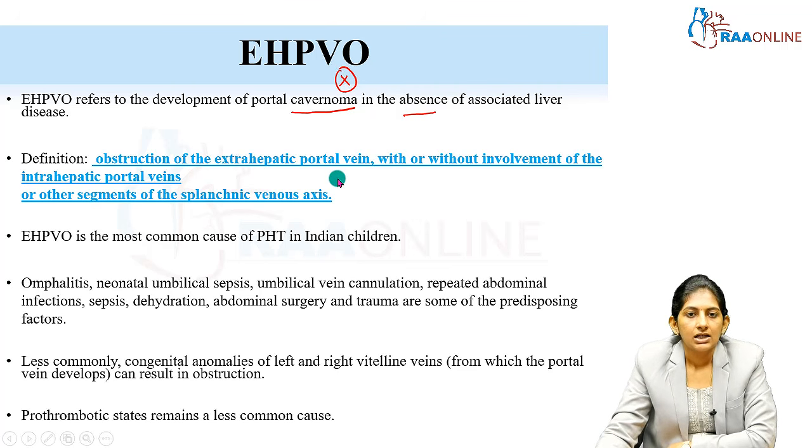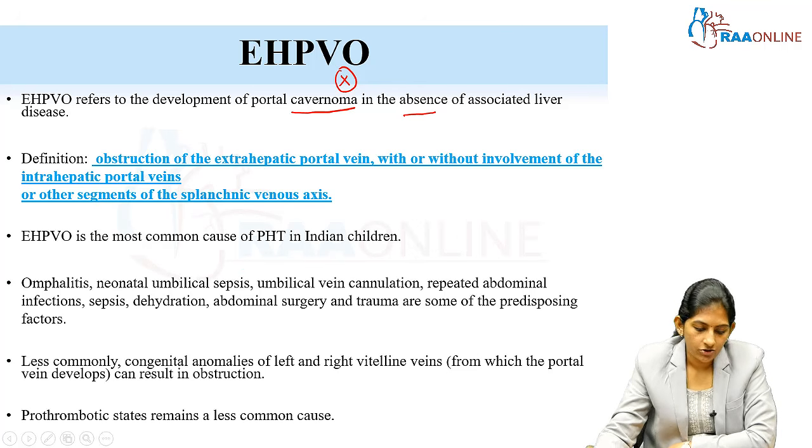It is obstruction of the extrahepatic portal vein with or without involvement of the intrahepatic portal veins. Hepatic veins may not be involved, or other segments of the splanchnic venous axis. Your splenic vein might not be involved, mesenteric veins might not be involved. So this is the definition.